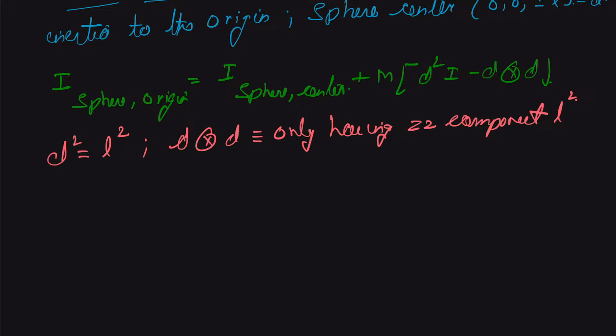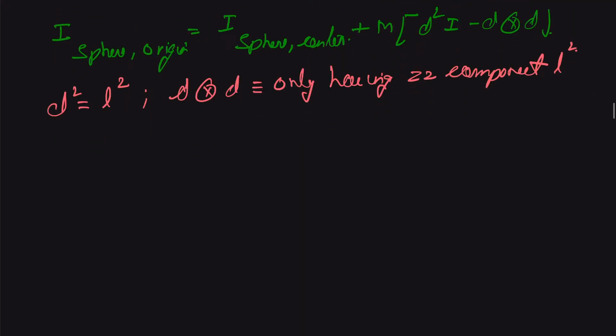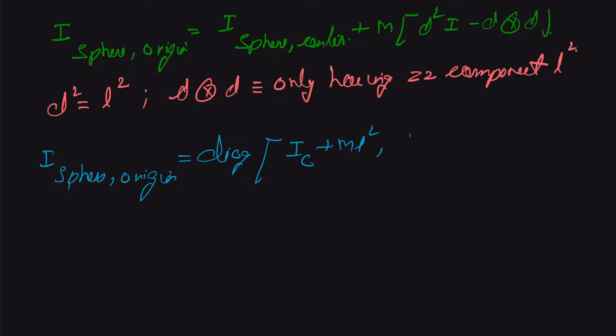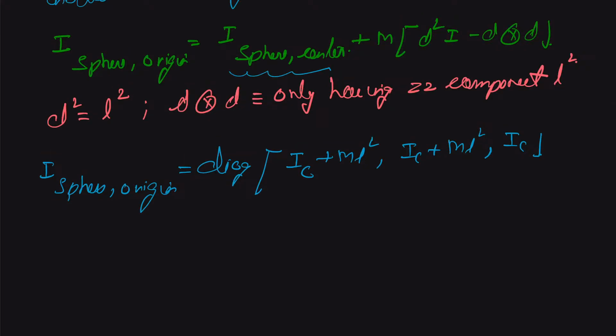Therefore, we can say that I sphere with respect to the origin will be equal to, in the format of a diagonal, IC plus ml square, IC plus ml square, and IC, and IC is nothing but the sphere with respect to its center, which we already know.